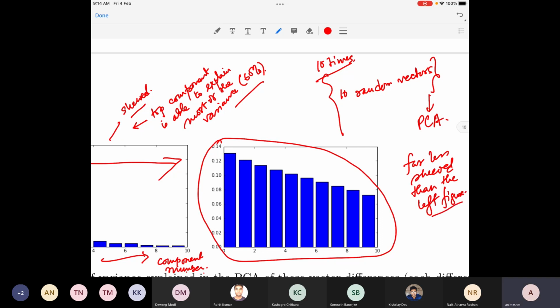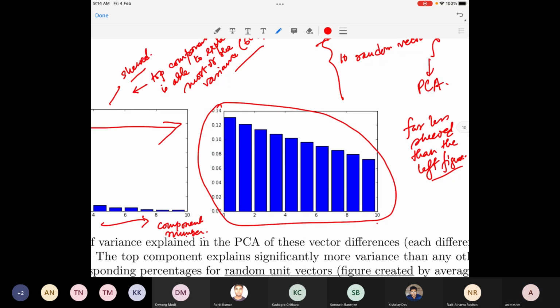That means there is no single component that is able to explain the variance to a large extent. There is no single representative component that can explain the variance.